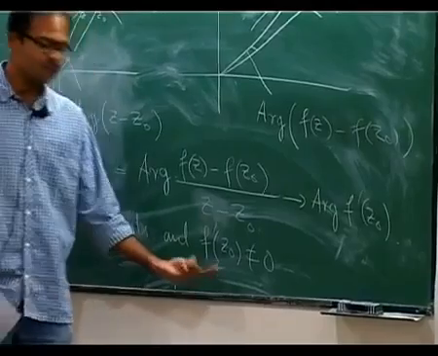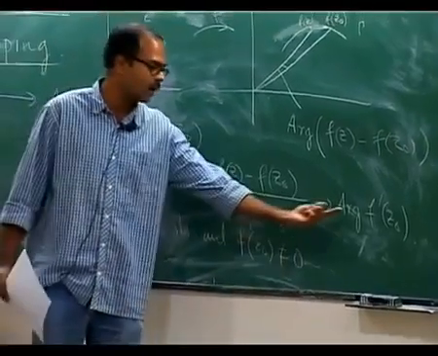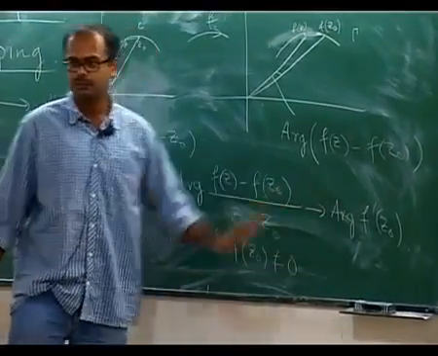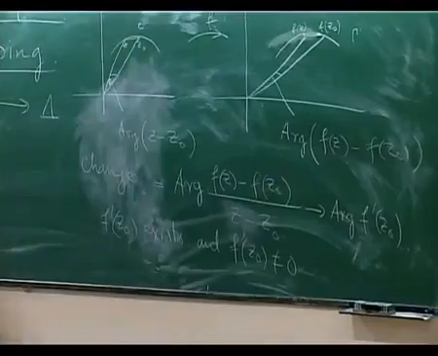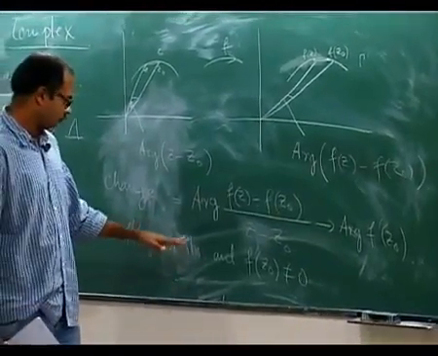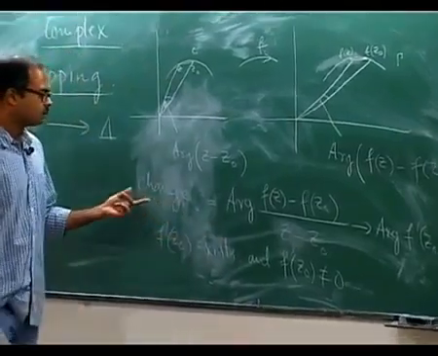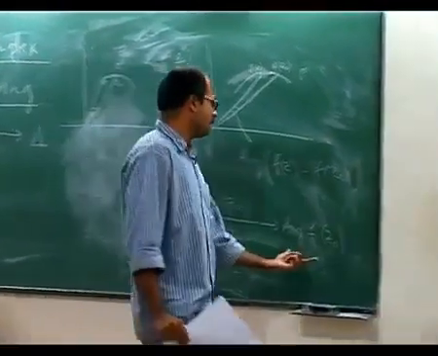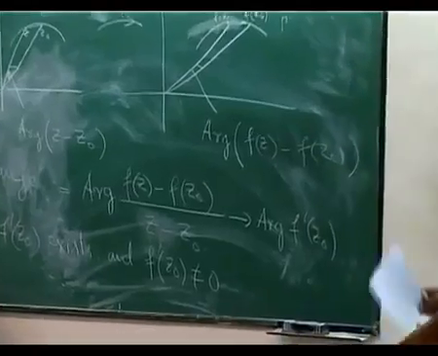It's important that it is non-zero, because the argument you cannot define if it is zero. Okay, so that is the change in the angle.